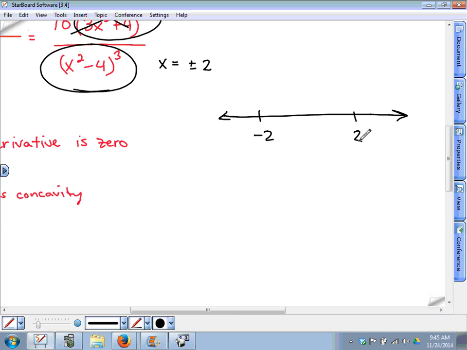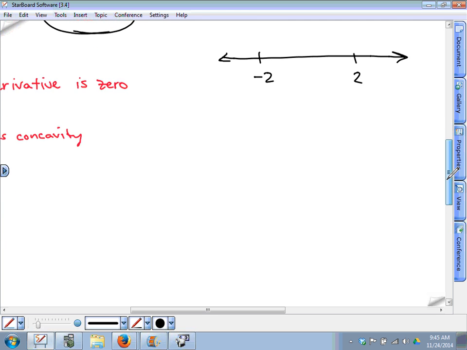Remember, an inflection point occurs if it changes concavity. What if these are all plus, plus, plus? Then it didn't change concavity, right? So in this case, would those be points of inflection? No. Only if there's a change in concavity can it be a point of inflection. Where the second derivative is 0 or undefined are the possible points of inflection. Possible, so we don't even know yet. And then if they change concavity, then they are points of inflection.